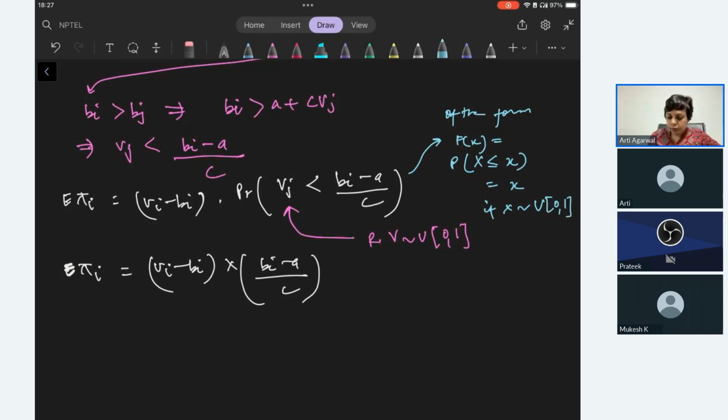Is this making sense? I don't want to make it too messy, but I just wanted to expand this expression a bit. So is this clear?